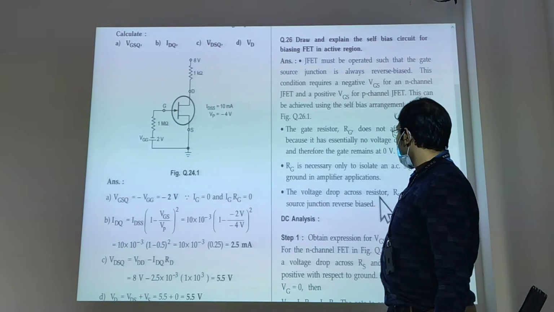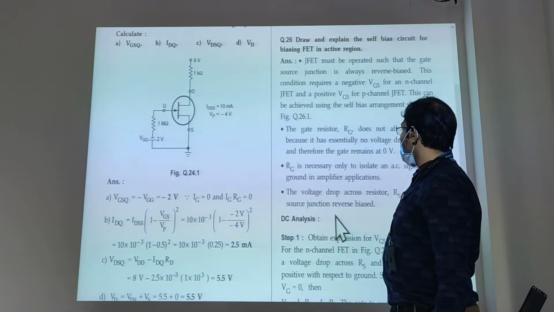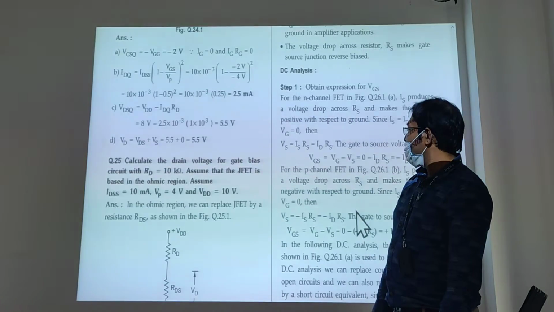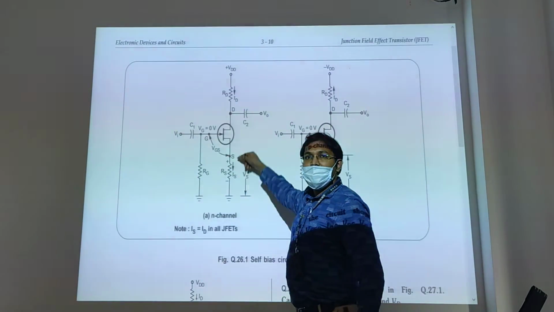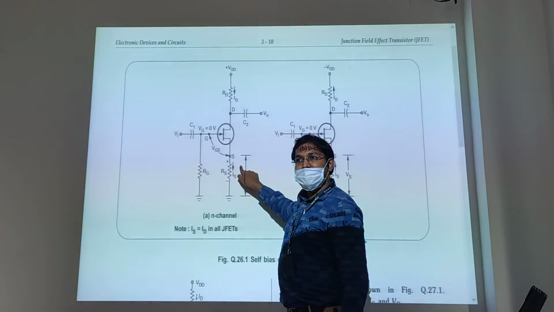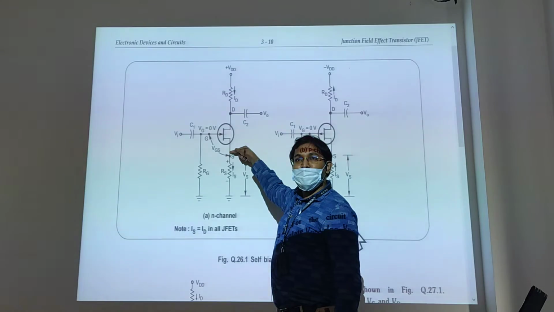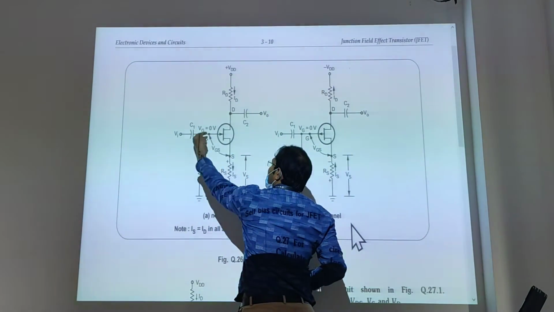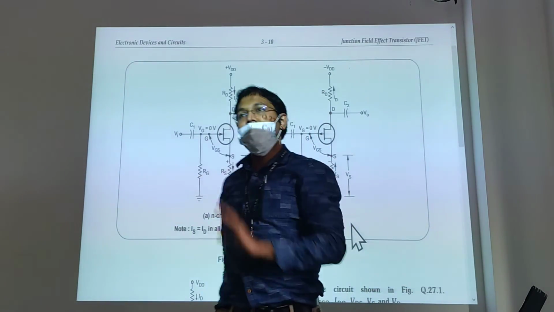The voltage drop across resistance RS makes the gate source junction reverse biased. This one just now we have seen. Because of this voltage drop RS into ID, positive voltage at source, so VGS will be 0 minus that positive voltage, so VGS is becoming negative.